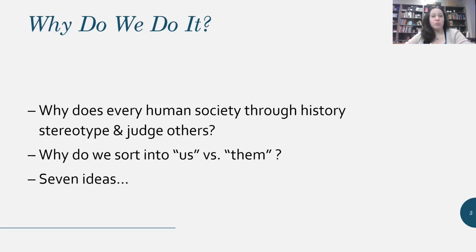I think these are all right in a way. They combine to explain all the stereotypes and prejudice that we have. Some might be more applicable in some contexts, to some people, to some stereotypes and prejudice, but we need all 7 of these ideas to really understand the full picture of why we have stereotypes and prejudice. So let's think about each idea in turn.